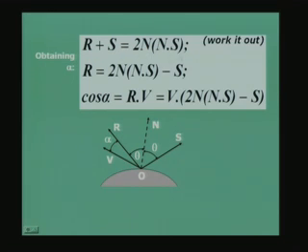Remember, this n dot s is a scalar quantity. It is cosine of theta, because n and s are unit vectors.